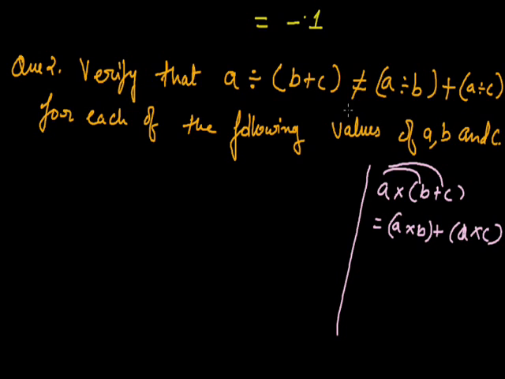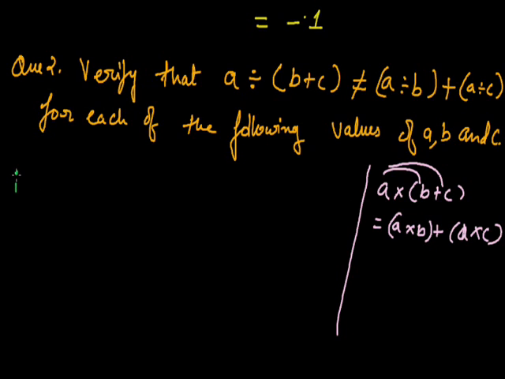Now here we have to prove that it is not equal when we have a division sign instead of multiplication. The distributive property is not applicable in division. We have to prove it using an example. To prove that the property is not applicable, we need only one example.